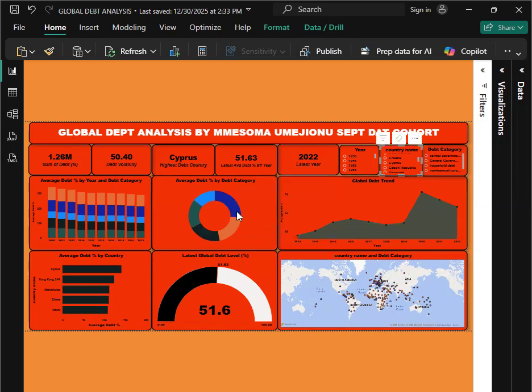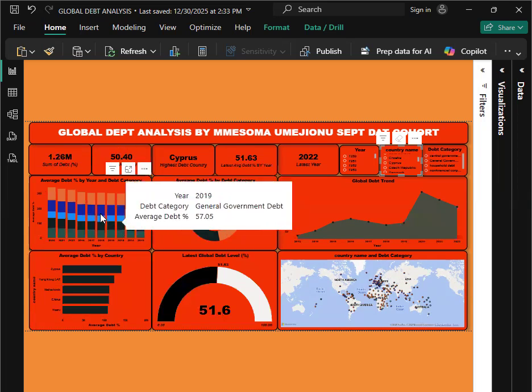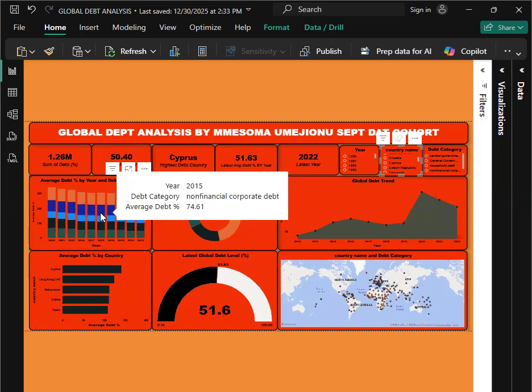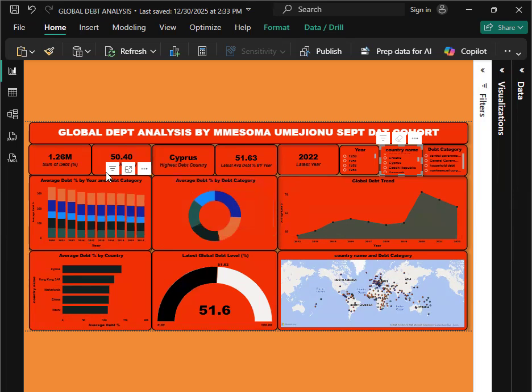Okay, coming over to the first card over here, we can see that this stacked bar chart shows the average debt percentage by year, for the top 10 years and by debt category. Across the years, government, central, household and non-financial corporate debts all contribute consistently to total debt.